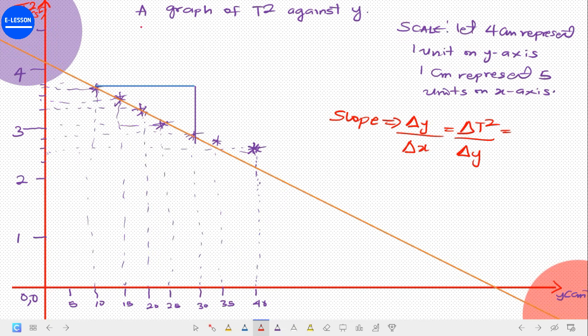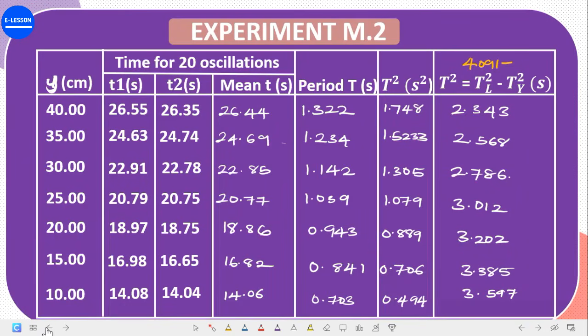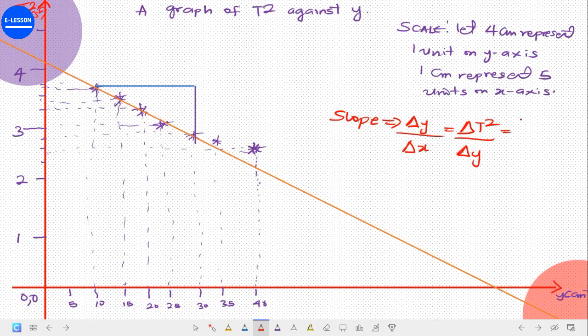Okay, so we are going to take two points from the graph now and use them as our values. So on the t square axis, what point did we take? I think that value there is 3.6. This last value, I think that is the last value. It's 3.6. So we say our slope will be 3.6 minus, then this point, you trace this point down.